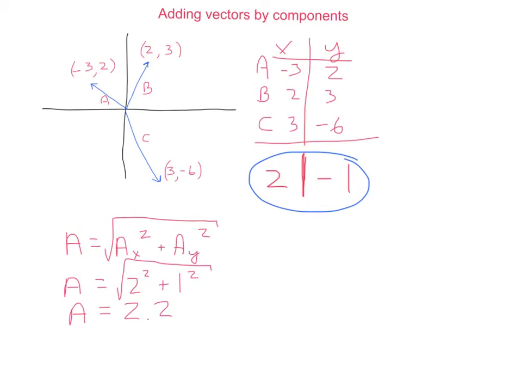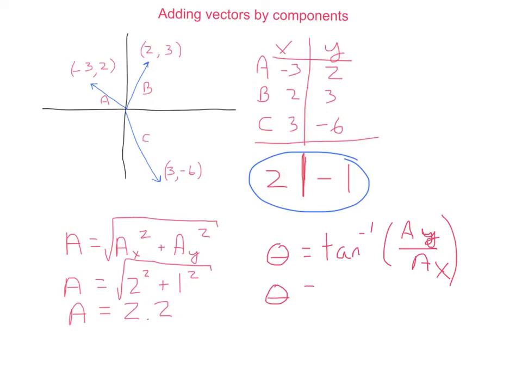And then the other part would be solving for the angle theta, and theta is equal to the arctan of ay divided by ax. So this is ay divided by ax.